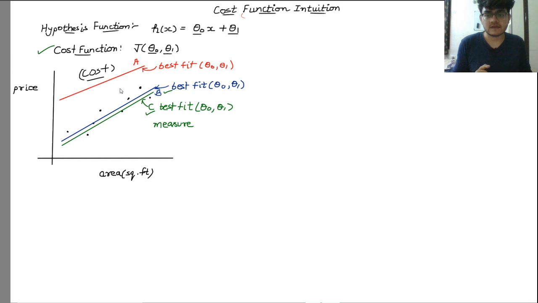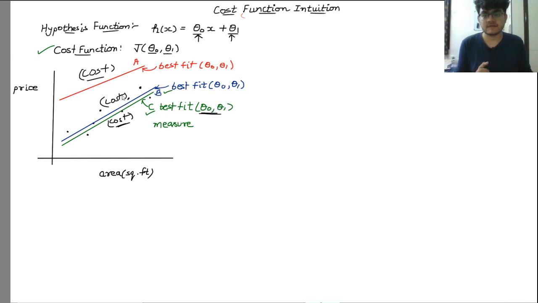A will have some cost, B will also have some cost, C also has some cost, and we can compare all these three costs, and whichever is the minimum, we just say that this is the best pair. Then we input these two, theta 0 and theta 1, in here, and we say that this is the best fit line, and so the problem will be solved.